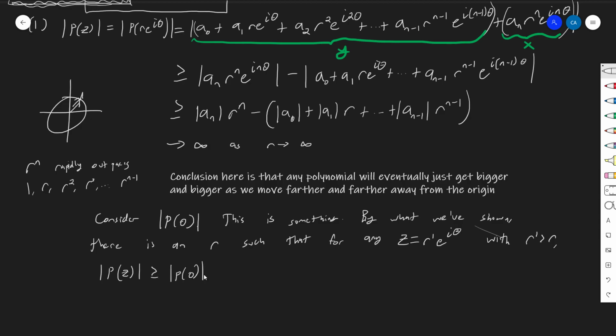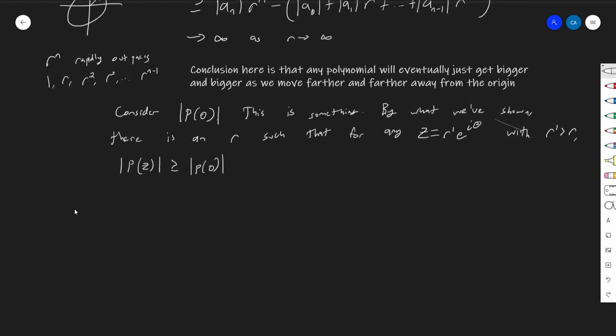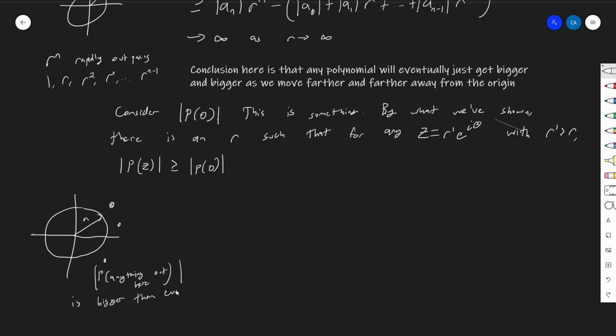So basically I can pick a radius r such that p of anything out here is bigger than everything in the bubble.